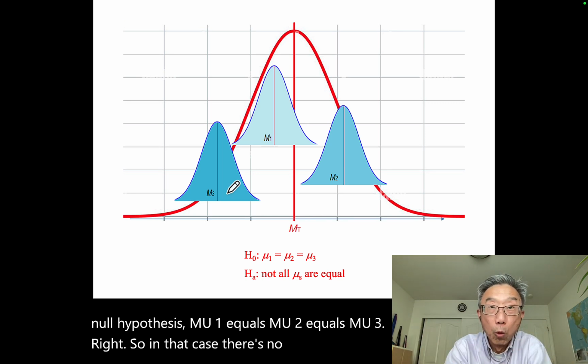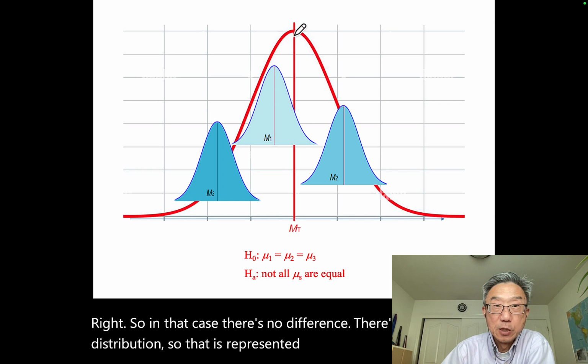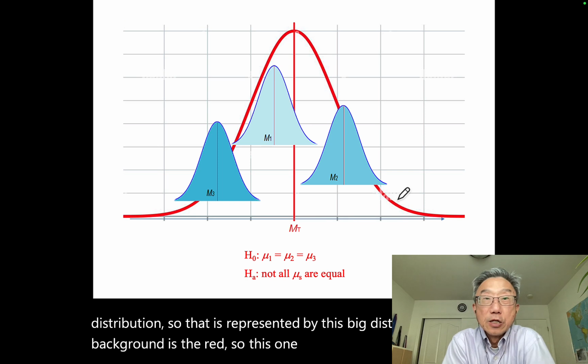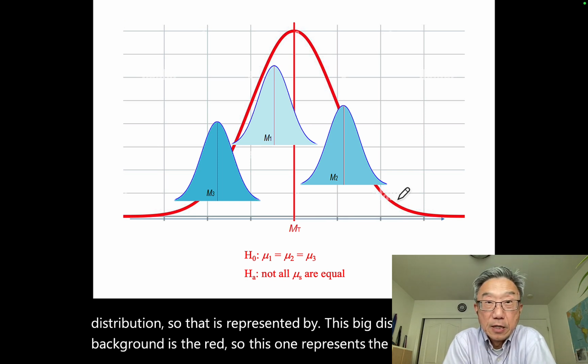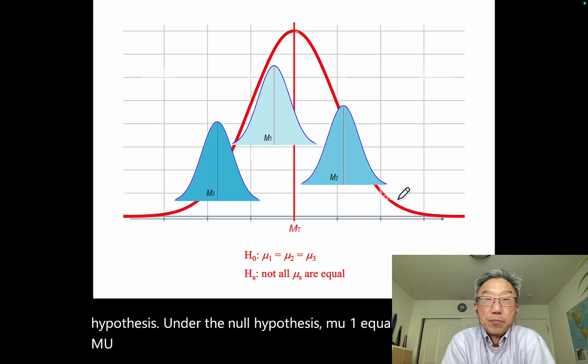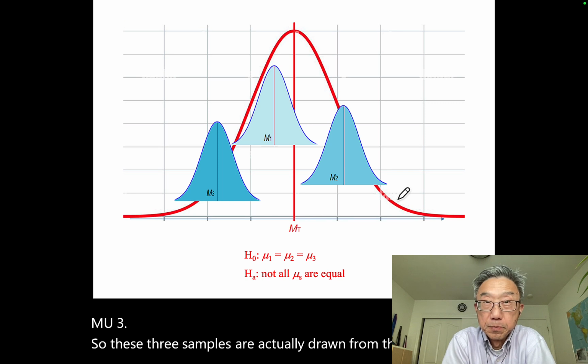There's only one distribution. That is represented by this big distribution in the background. It's the red one. So this represents the null hypothesis. Under the null hypothesis, mu1 equals mu2 equals mu3. So these 3 samples are actually drawn from the same population.